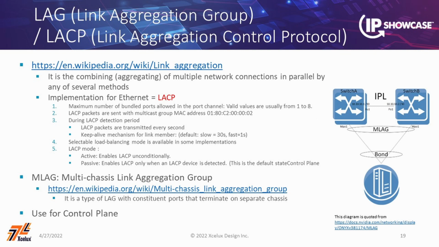The media plane network is almost similar between vendors, but for the control plane, I think there is no best practice at this moment. So someone uses LAG, LACP, and someone uses another protocol.